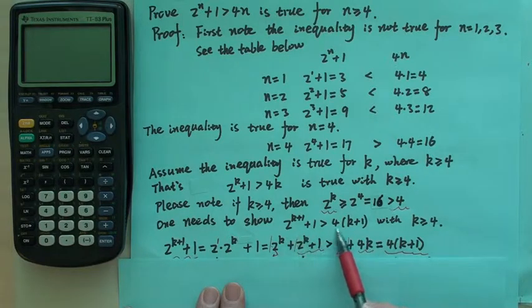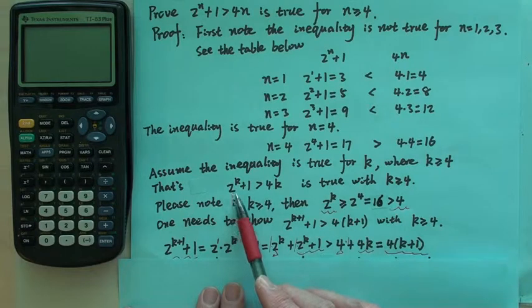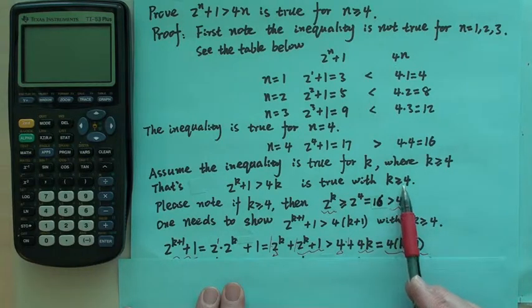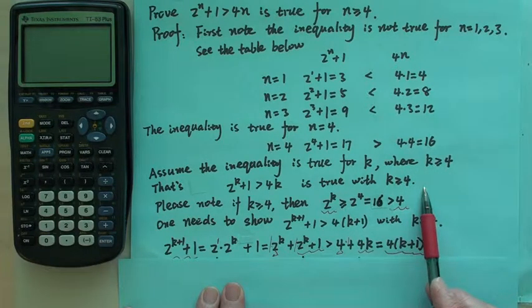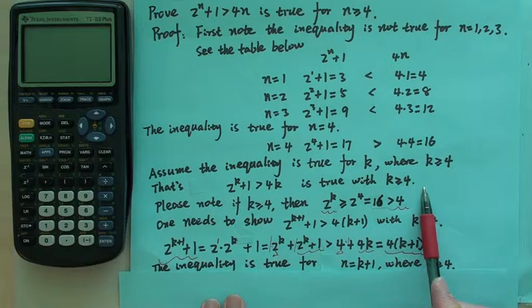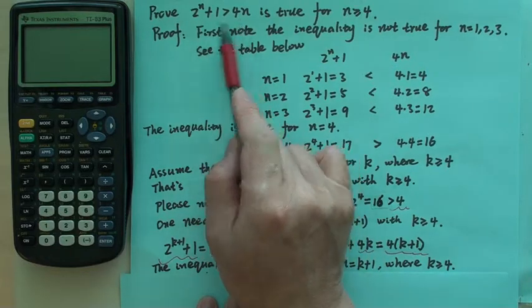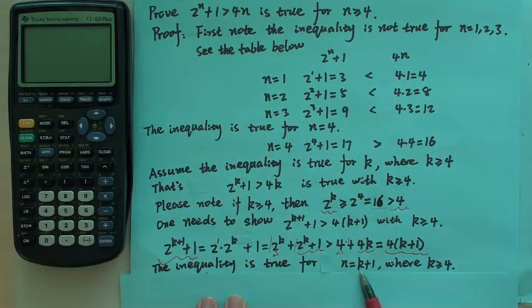So you have a proof that this is true by starting with 2 to the k greater than 4k with the condition k greater than or equal to 4. Then you can conclude that the inequality is true for n equals k plus 1, where k is greater than or equal to 4.